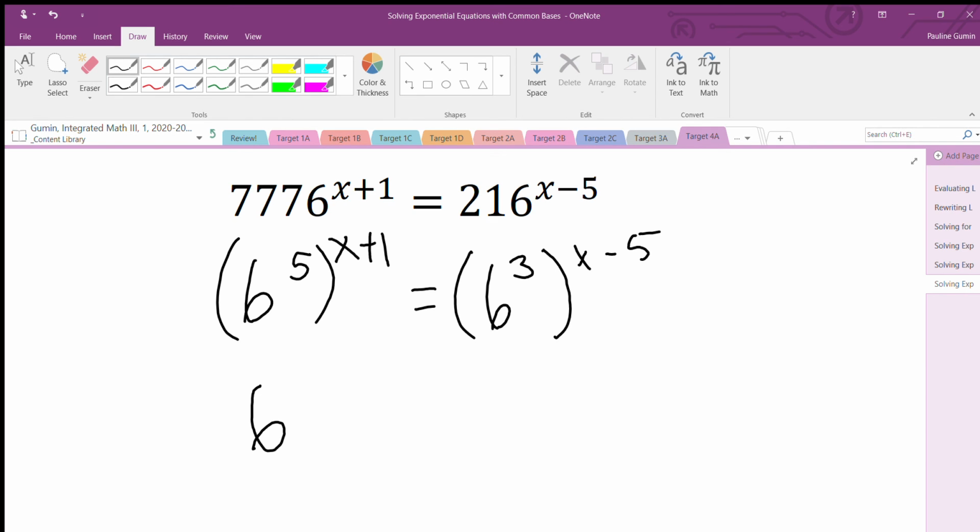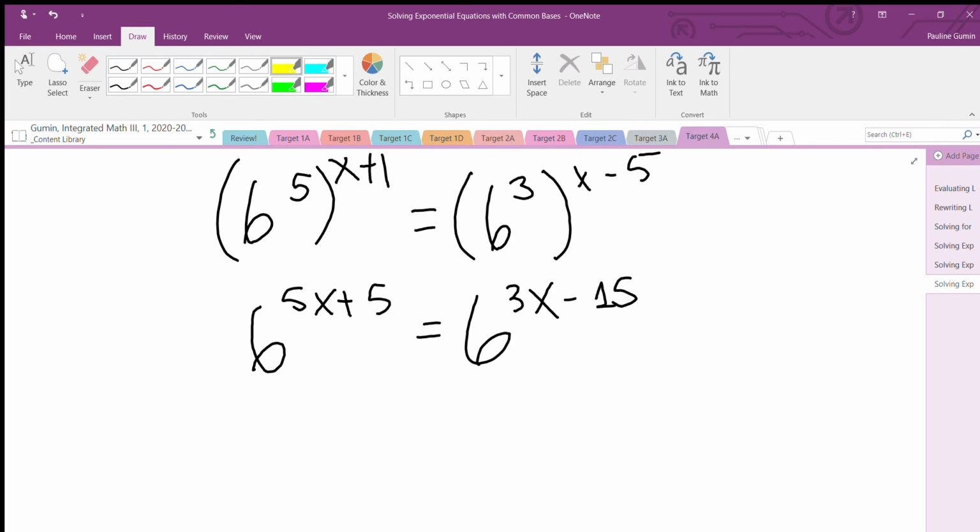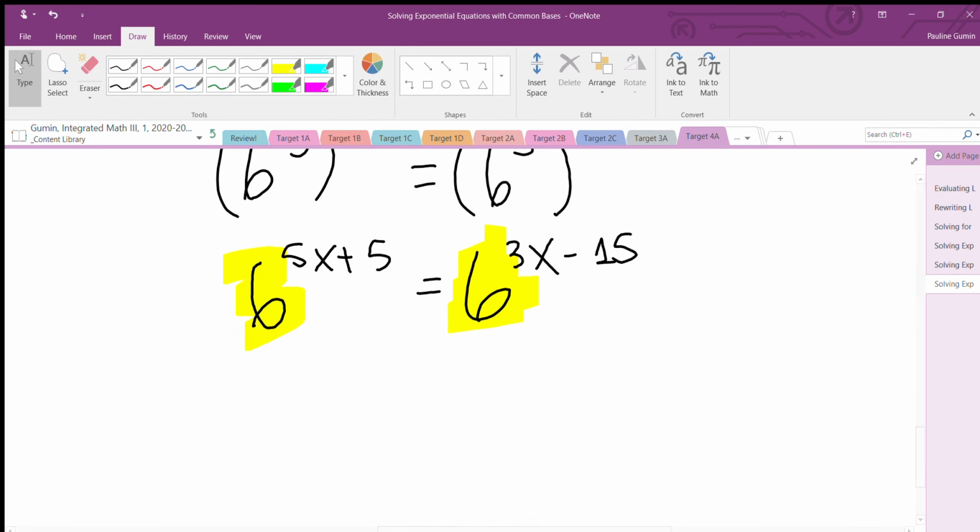Let's multiply our exponents. And because we have the common bases now, we can say farewell, common bases. We'll deal with you later.